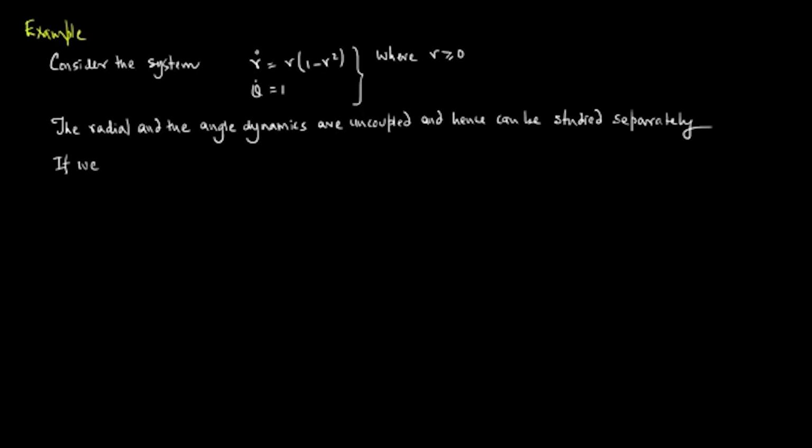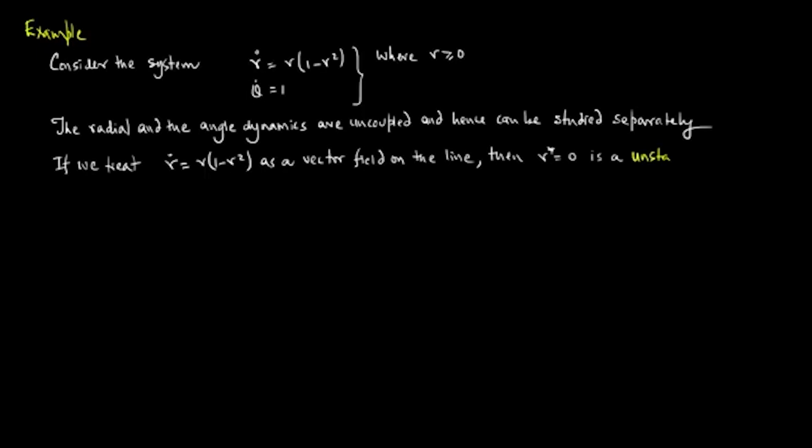So if we treat r dot is equal to r(1 minus r squared) as a vector field on the line, then r star is equal to 0 is an unstable fixed point and r star is equal to 1 is a stable fixed point.